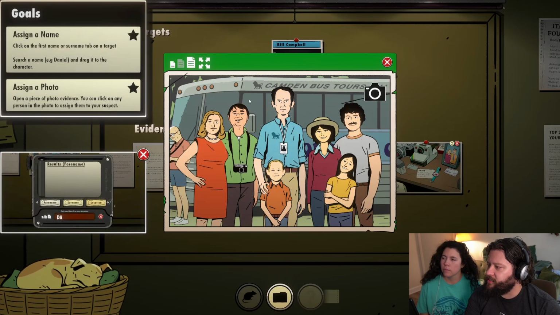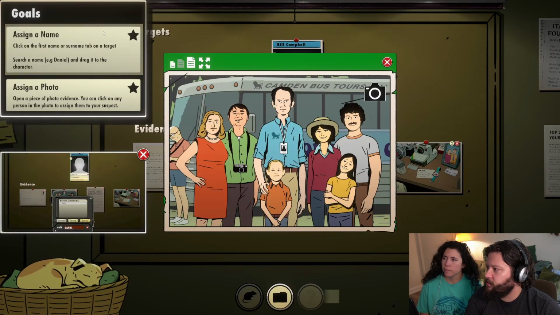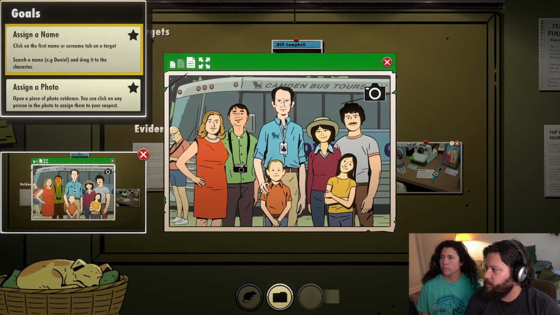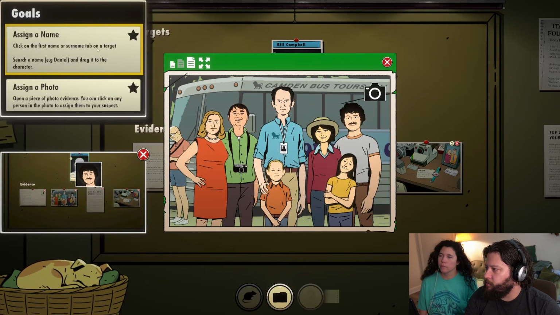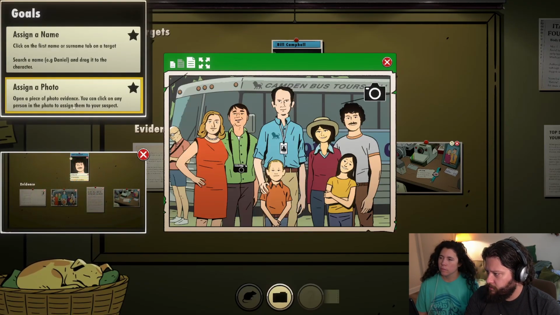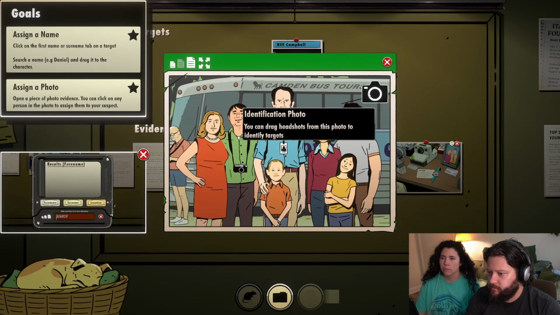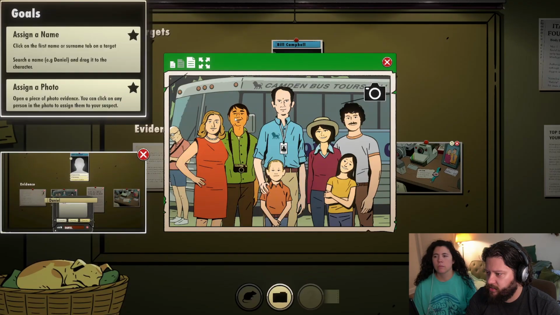Okay, we can try to assign a name, then search a name and drag it to a character. Click on the first name. Open a piece of photo evidence and we can assign them to our suspect. You can drag headshots from this photo to identify targets.